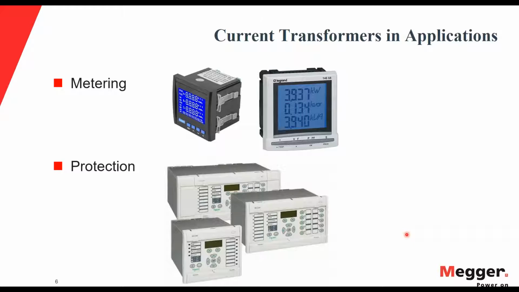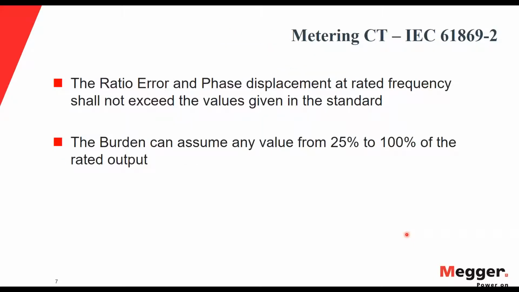So starting with the first application, the metering application of the CTs, the most important thing for me is that the ratio and phase displacement error do not exceed a certain value defined by the standard, and the classification is based on this error itself. And usually the range for it is from 25 to 100% of your rated output.